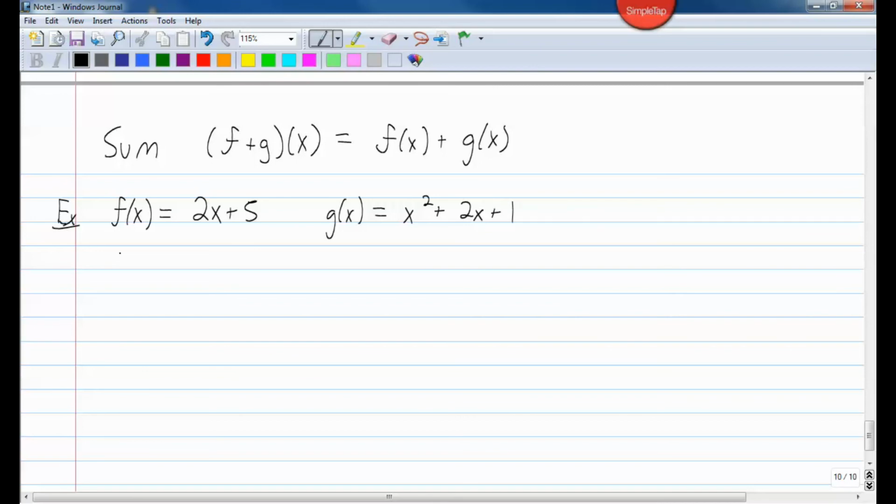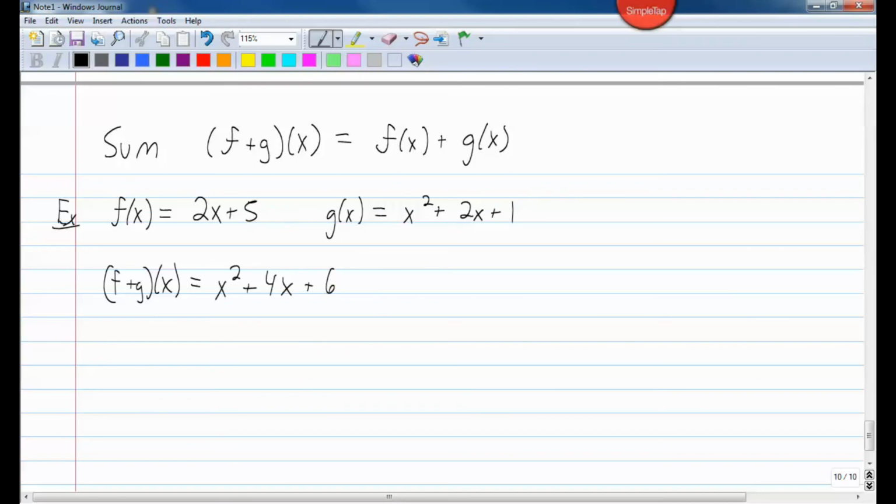If I wanted to find f plus g of x for these two functions, that just means add the two functions together. So I don't have an x squared in this other function, so it's just going to be 1x squared, and then 2x plus 2x is plus 4x, plus 5 plus 1 is plus 6.